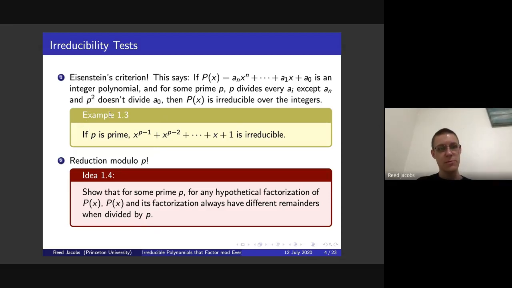And one way we could use this is to show that if p is prime, then this polynomial is irreducible, where it's x to the p minus 1 and x to the p minus 2 just going down. We can't apply Eisenstein's criterion directly to this polynomial, so instead we're going to translate this polynomial and then apply Eisenstein's criterion to the translated version.